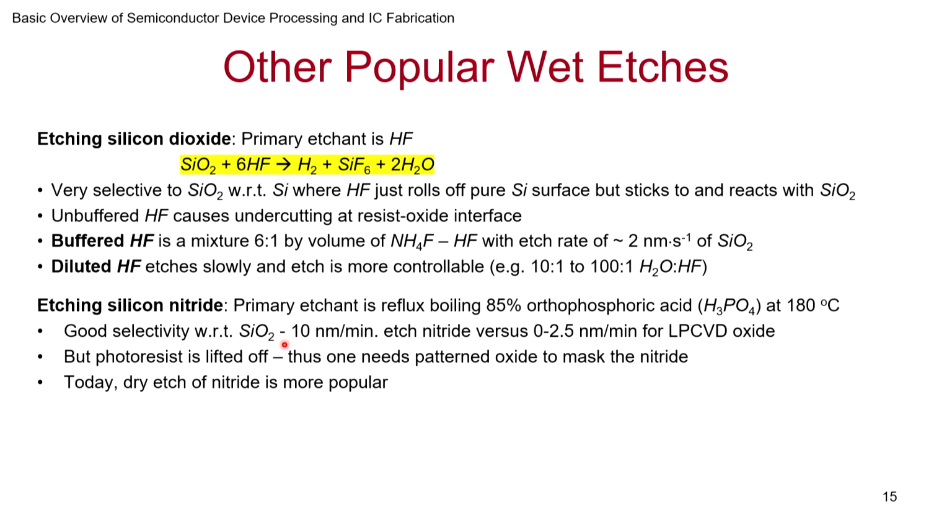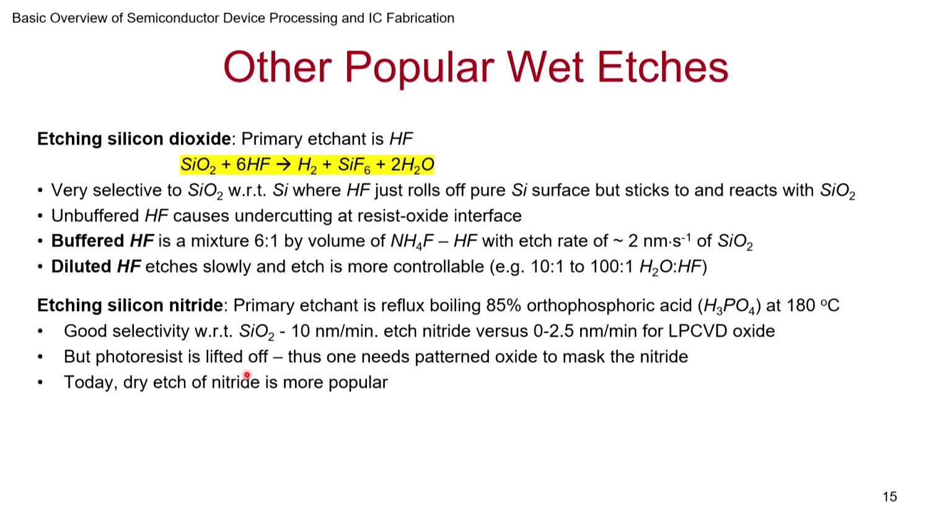It does etch silicon dioxide, but not as fast. Comparatively, it etches oxide much more slowly. Nitride, it etches at 10 nanometer per minute. Especially LPCVD oxide, it will etch much more slowly, because LPCVD oxide is of very high quality.